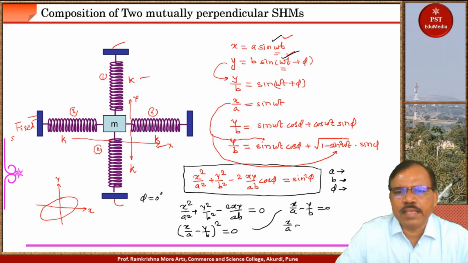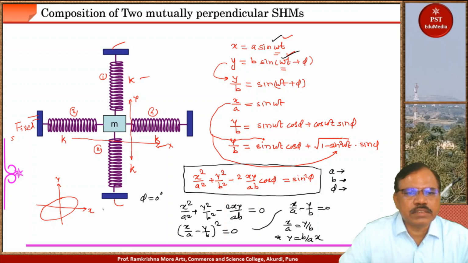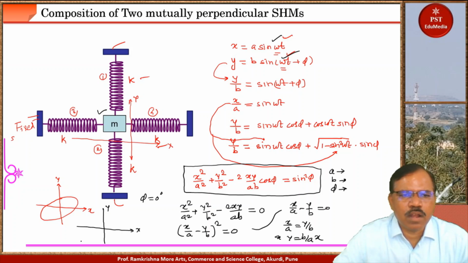So x by a is equal to y by b. So we'll get y is equal to b by a into x. So what is this? This is the equation of a straight line. Means on the xy plane, this mass m will move along a straight line. So it will move between these two: plus a, minus a, plus b, minus b. And you can find here the slope of this, you will get b by a.